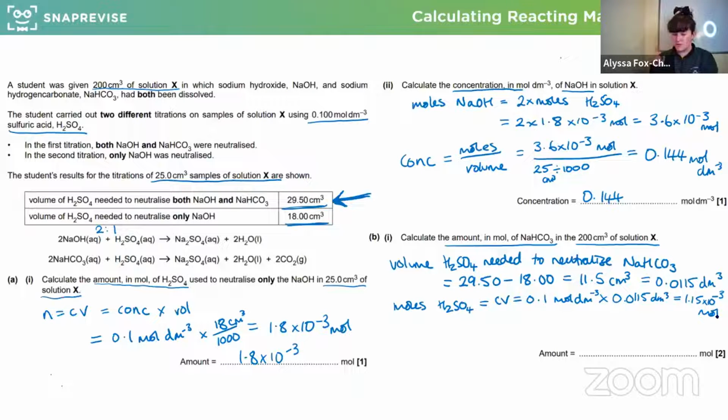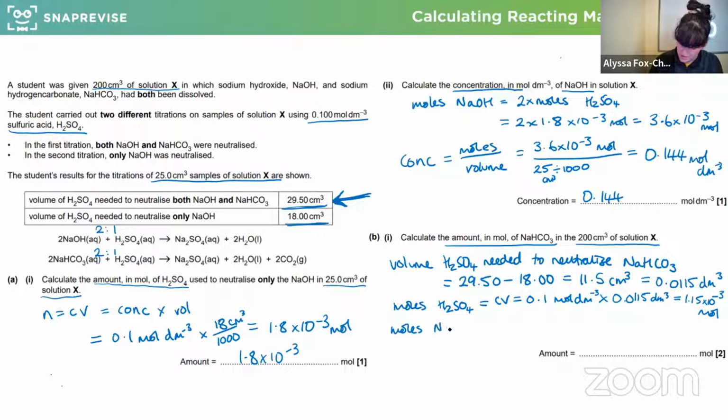How do I go from moles of sulfuric acid to moles of sodium hydrogen carbonate? Again, I need to look at my reacting ratios. I need to look at my recipe. How do they react? How do they interact? Well, again, it's a 2-to-1 ratio: 2 lots of sodium hydrogen carbonate to 1 lot of sulfuric acid. So if I've got 1.15 times 10 to the minus 3 moles of sulfuric acid, I'm going to need twice as much for my moles of sodium hydrogen carbonate.